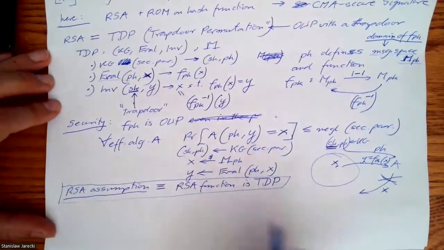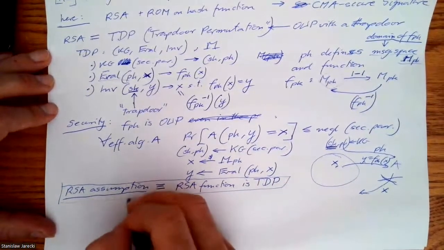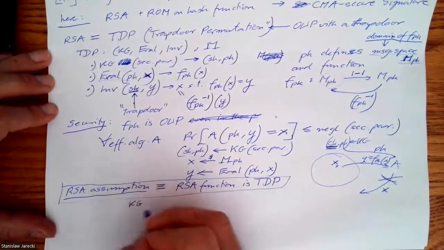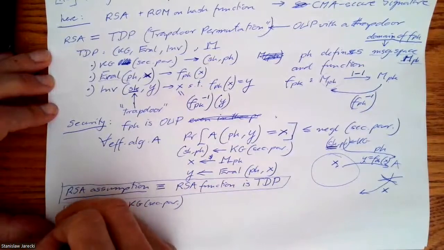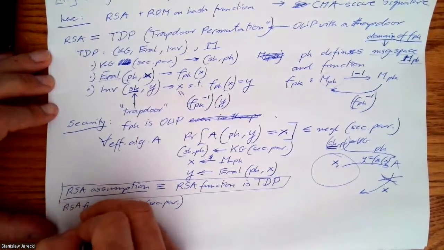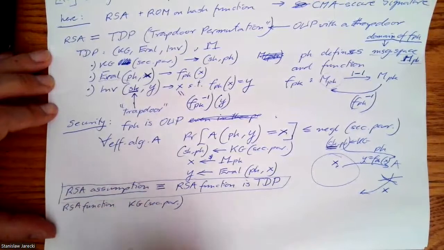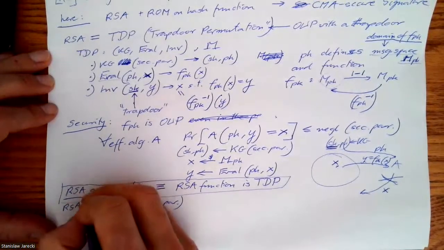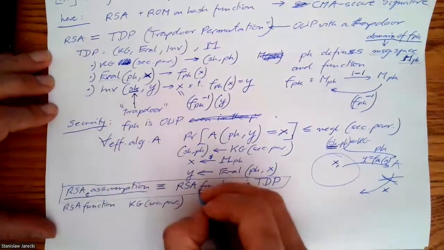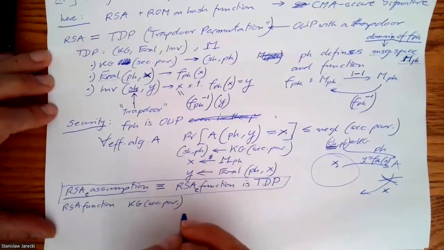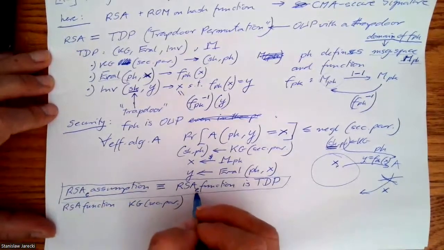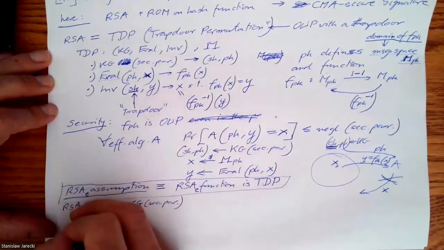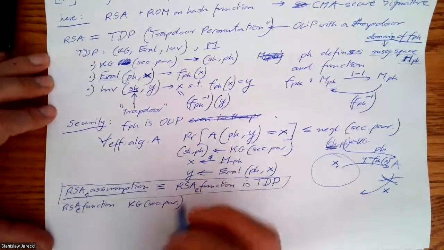And now what is the RSA function? So here is what I mean by RSA function. And by the way, if you want to be more specific, for a fixed E, it basically is an RSA assumption for a specific E, and I will define an RSA function for a specific E.